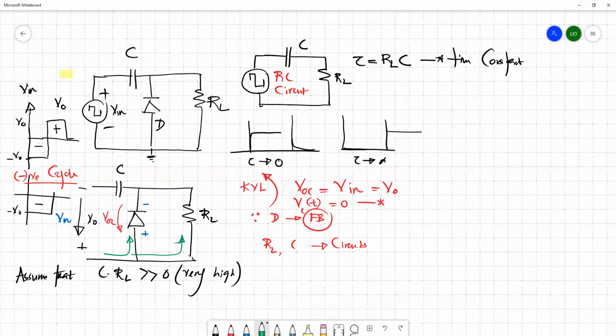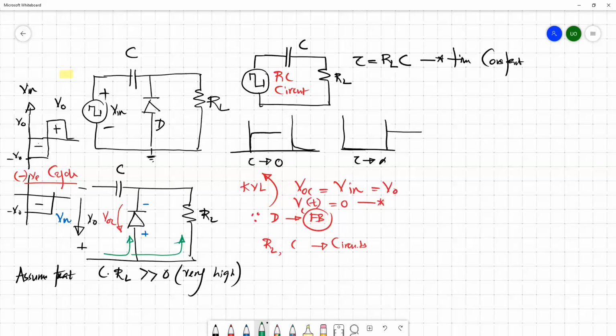From the initial assumption, we can simply say that if we consider a circuit through this load resistor, then this capacitor never charges because the time constant is pretty much high. Or else we can argue that a high time constant means the load resistance would be comparably high. So the other path is through the diode.